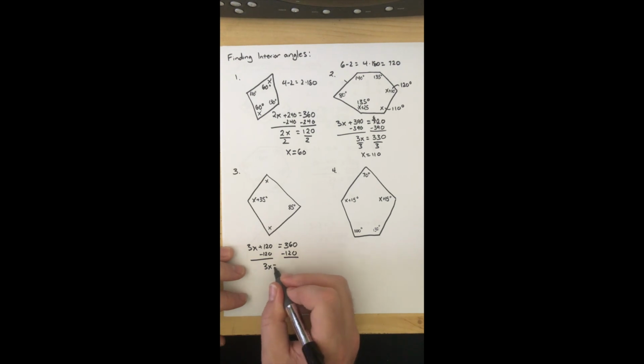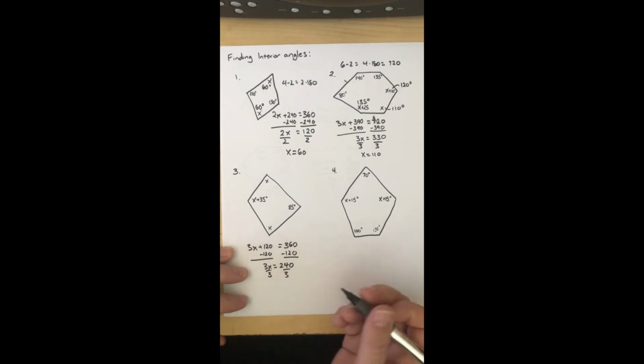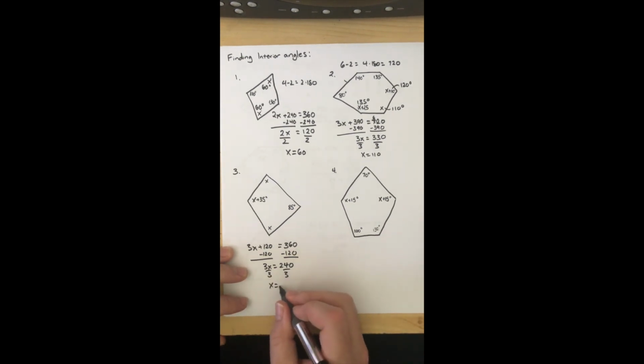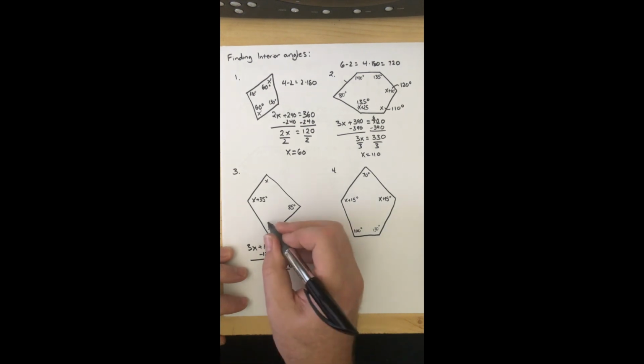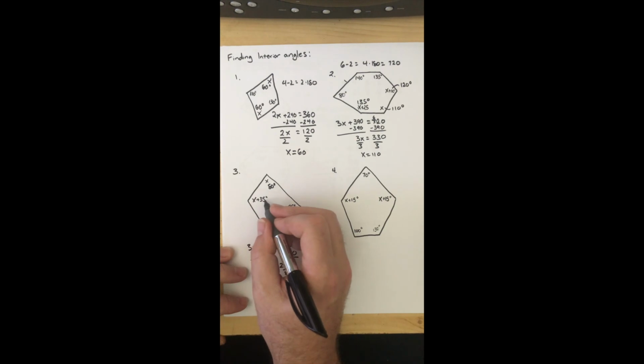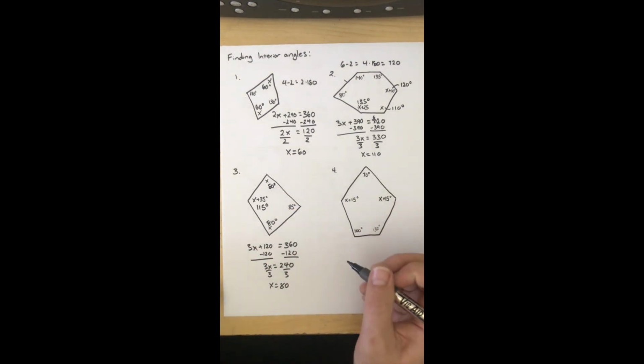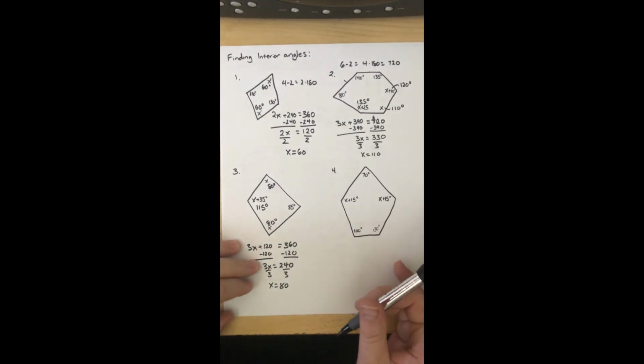I get 3x equals, well, that's going to be 240. Divide by 3. 3 goes into 24 8 times, so that's 80. So it means this guy's 80. This guy's 80. This guy's 80 plus 35. Well, the 20 makes 100, so that leaves 15. So 115 degrees.